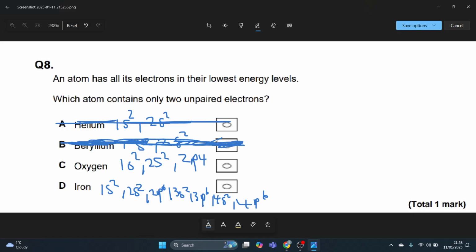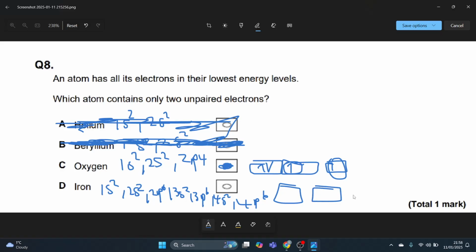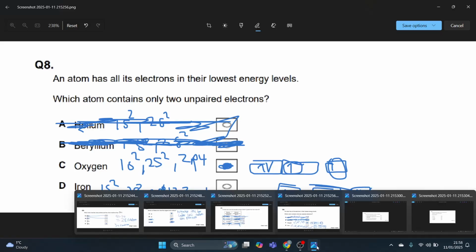If I look at C, oxygen, 3p orbitals, 4 electrons, 1, 2, 3, and then the 4th electron must bond with one of them, and therefore I will be left with 2 unpaired electrons. The answer is C, oxygen. Whereas iron is just going to be a full 6 electrons, no unpaired electrons.